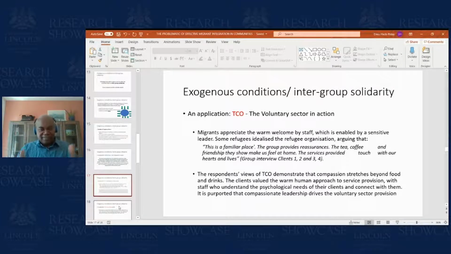So our respondents in that particular study found that the voluntary organization helped them work with compassion. And this is part of social solidarity: compassion, understanding the condition of other people, particularly the vulnerable. And the voluntary sector organizations have been critical in showing that side of our society.